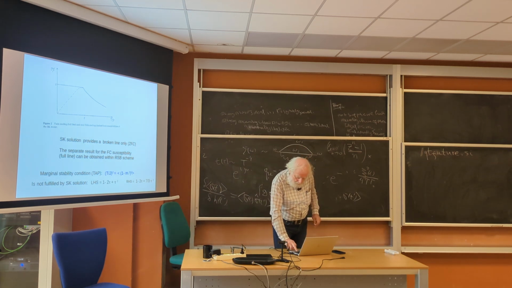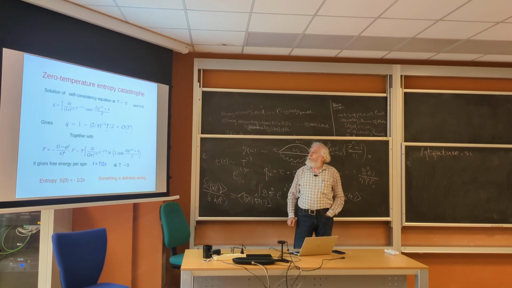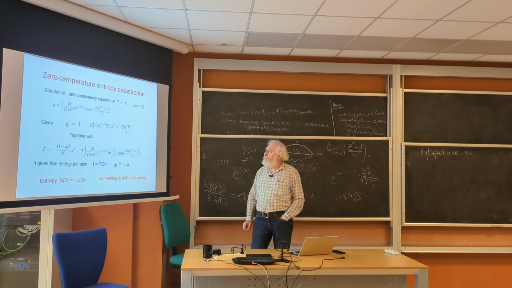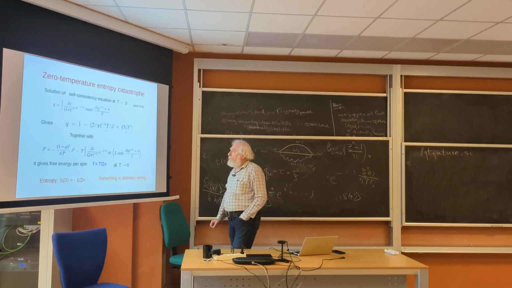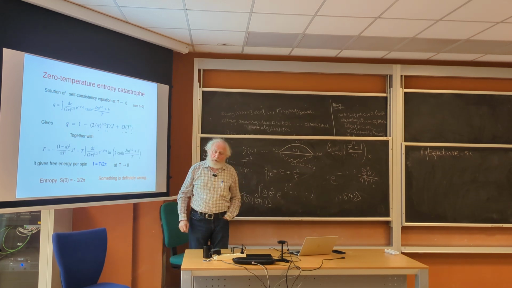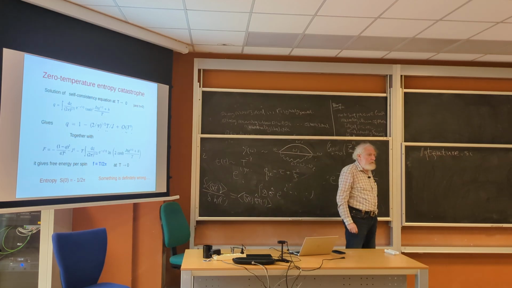Now, even worse thing. Let us consider a solution of self-consistency equation in zero temperature limit. And we put magnetic field to 0. Then this equation in zero temperature limit gives us solution with Q approaching 1 with corrections linear in temperature.